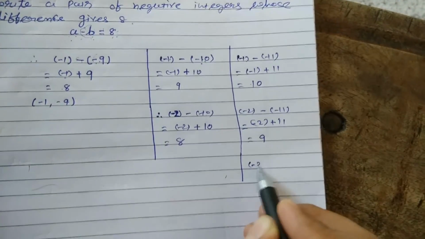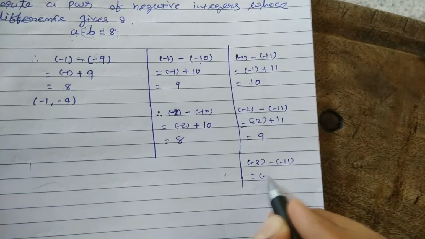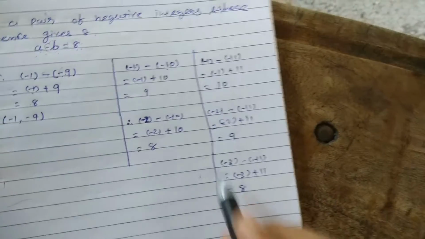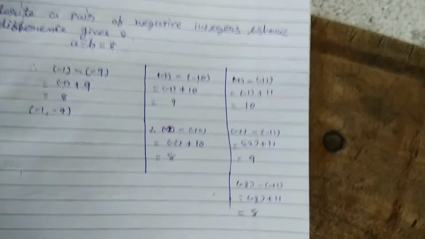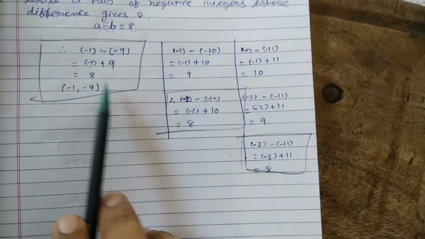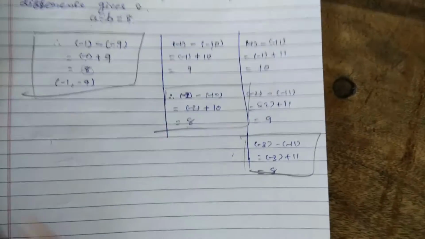Again -3 minus -11 is equal to -3 plus 11, which is equal to 8. So in these cases we have found the difference of two negative integers is 8.